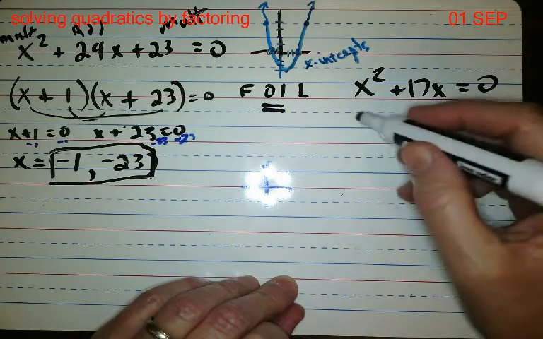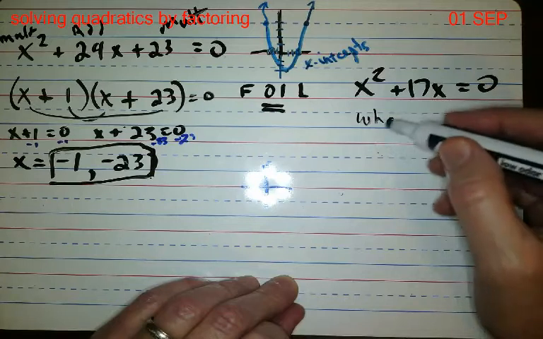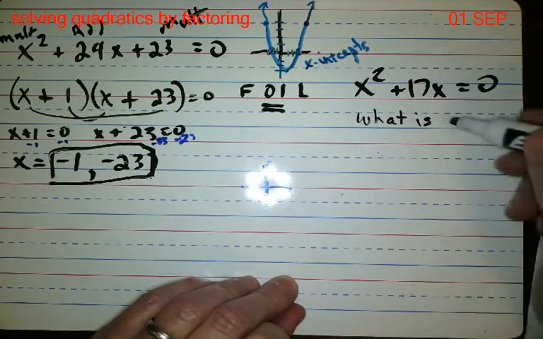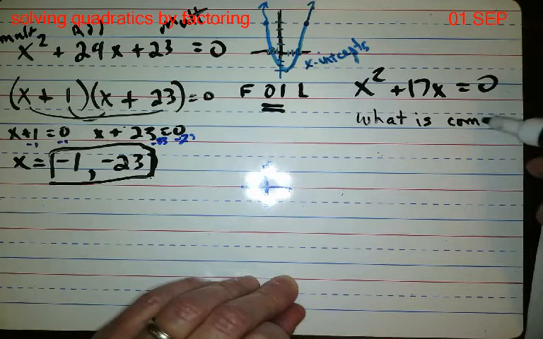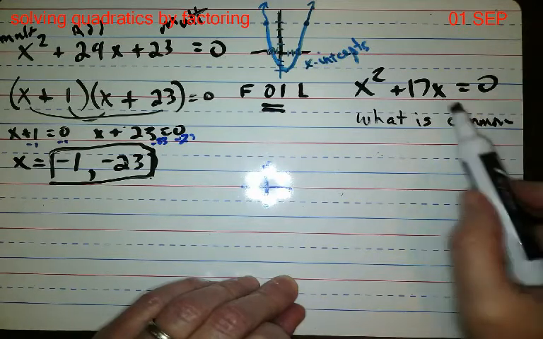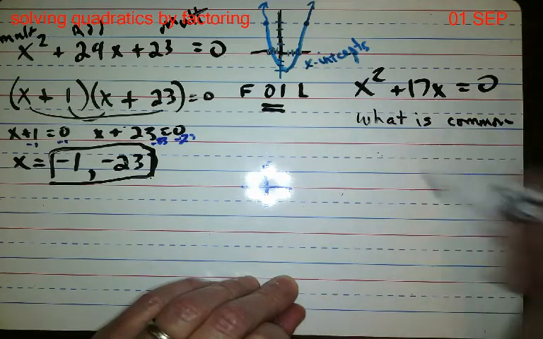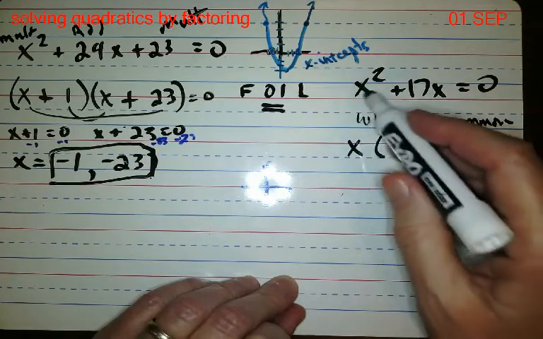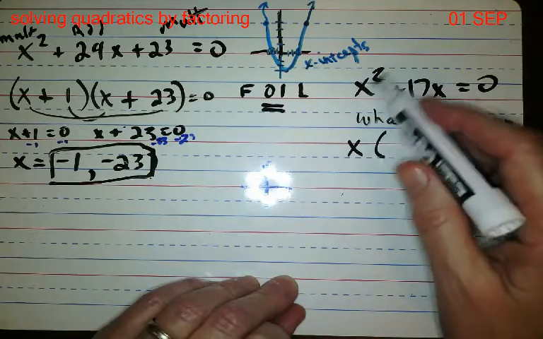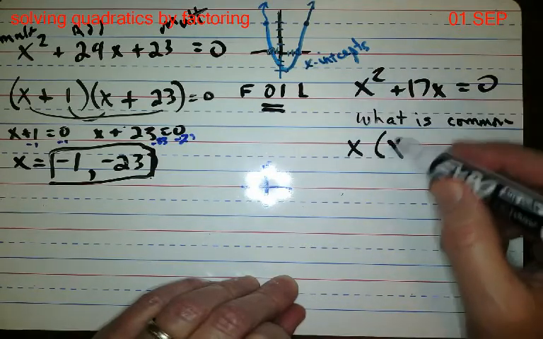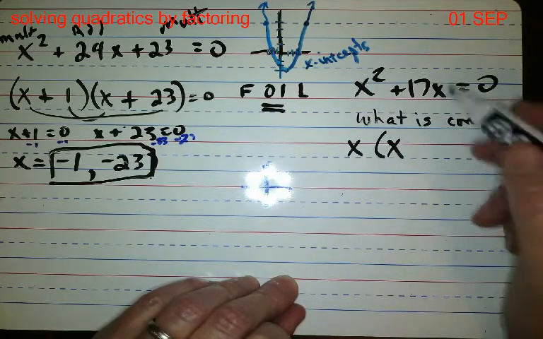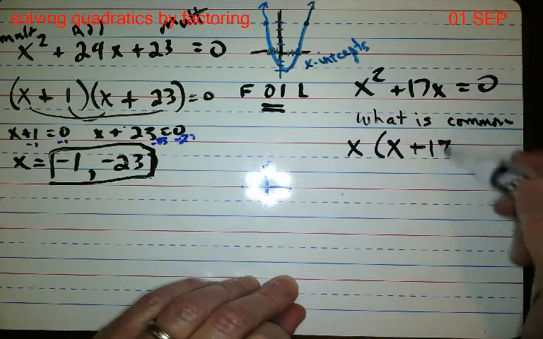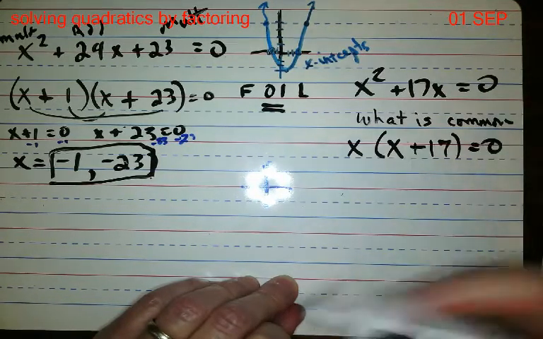And in this case, there is something common. What is common? I'll bet you can see it, they both have an x. So I'm going to take the x out. And if I take an x out of here, remember there's two x's there, so there's still an x left. If I take the x out of here, there's only 17 left.